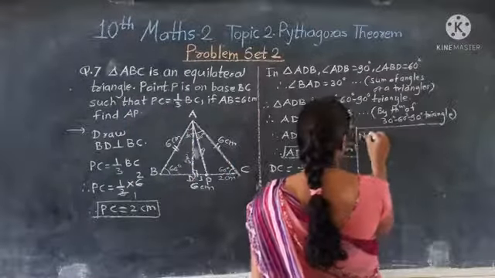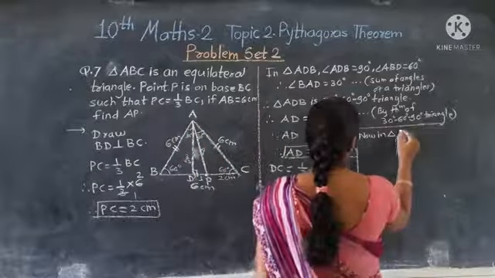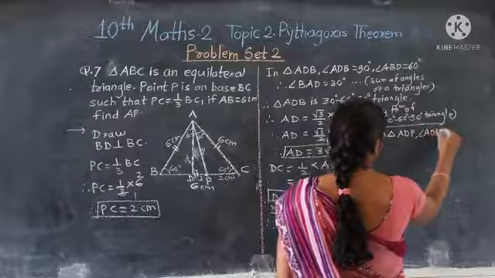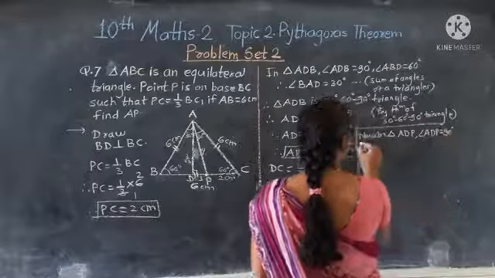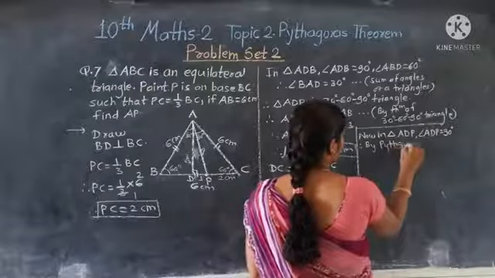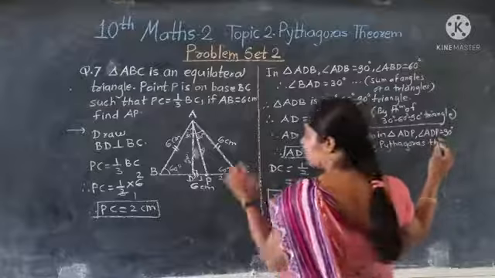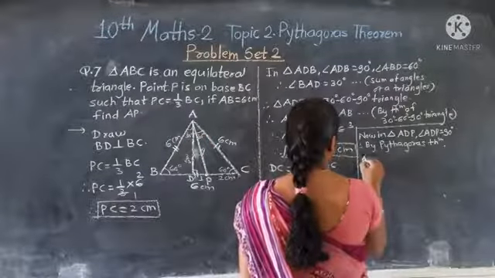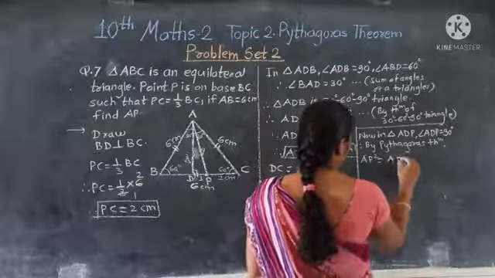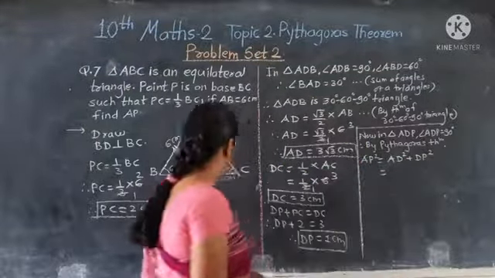Now in triangle ADP, angle ADP is equal to 90 degrees. Therefore, by Pythagoras theorem, we write AP square is equal to AD square plus DP square. What is the value of AD?